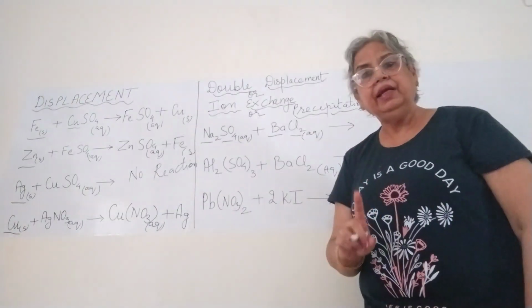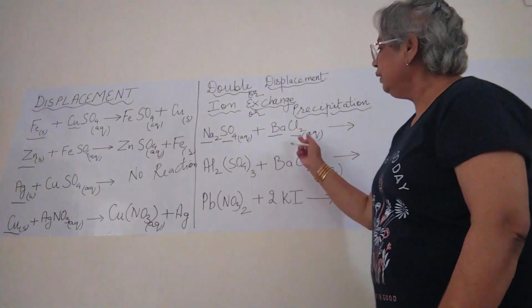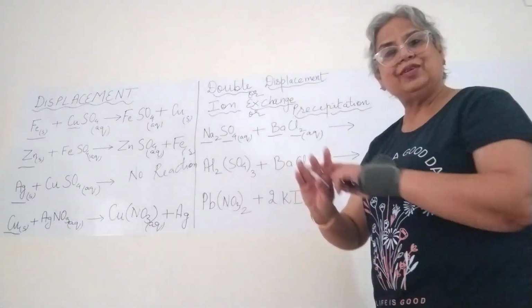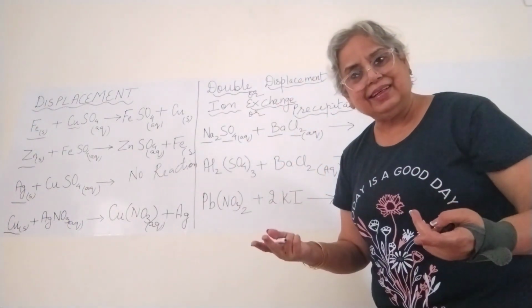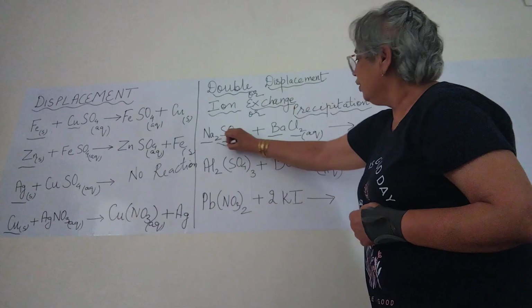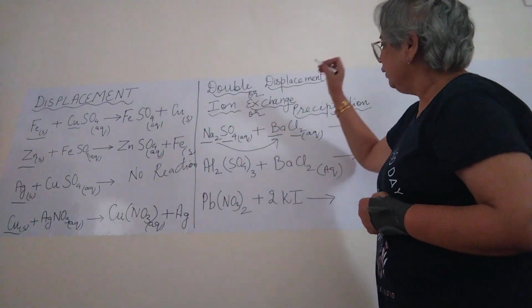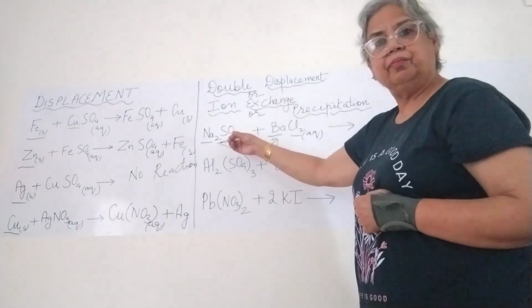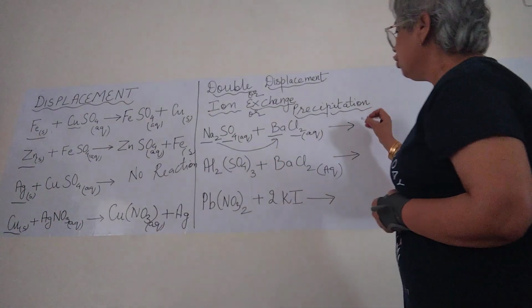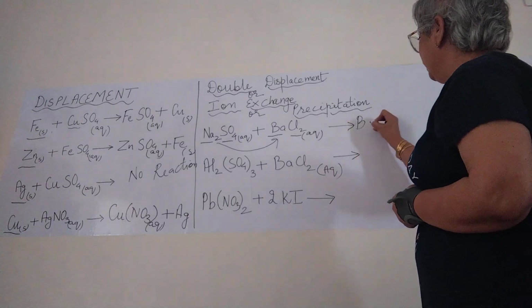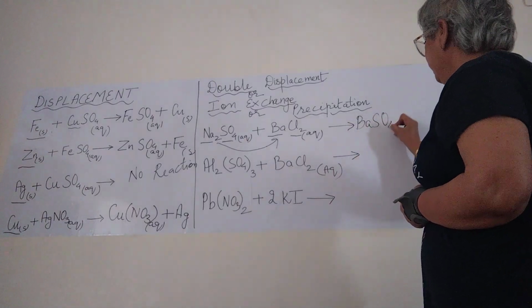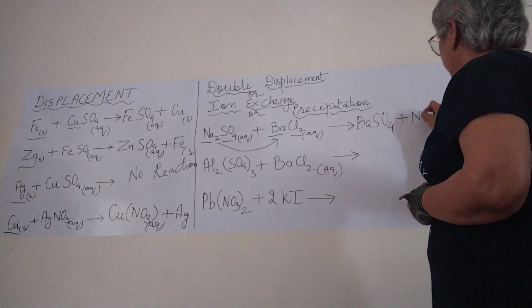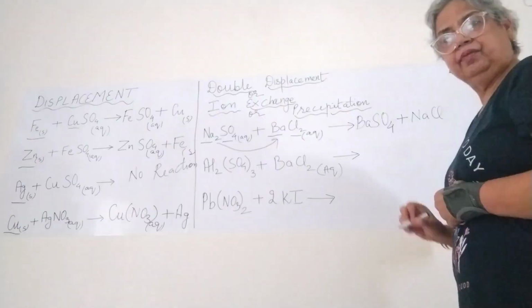Now what is happening during this reaction? These two compounds are exchanging their ions. That is, sodium will come here with chloride and barium will combine with sulfate. So you will get barium sulfate plus sodium chloride.